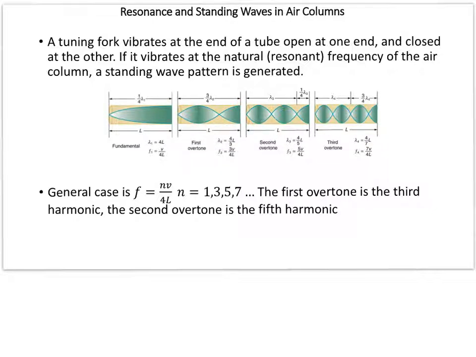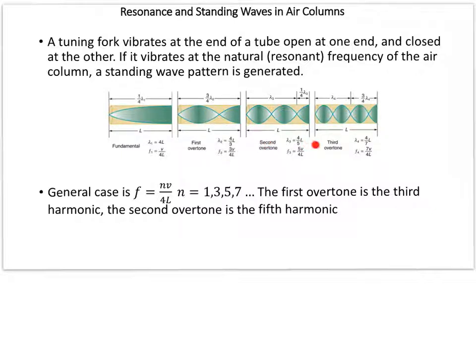So if we plug that into the same equation, frequency is equal to velocity divided by the wavelength, then we end up with the equation frequency is equal to 3v divided by 4L. All right, next possible configuration where we have a node here and an antinode here. Now we can see that the length of the air column is 1 1/4 waves. So the wavelength is 4/5 L.